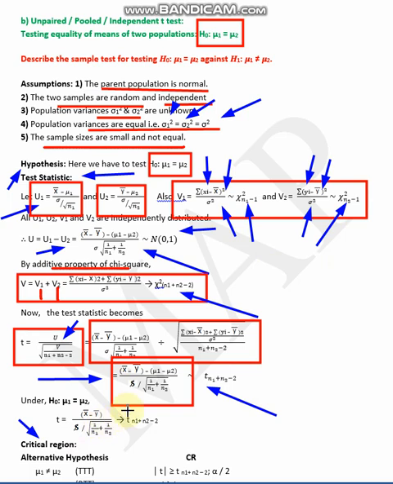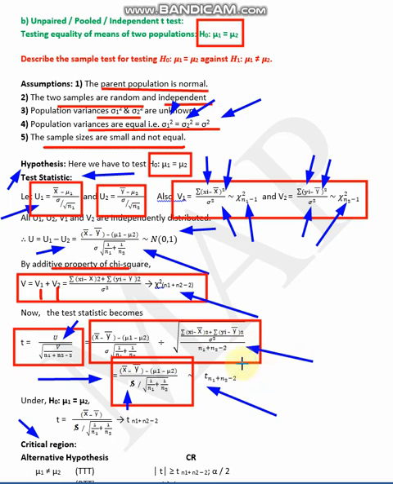And what is my s in this case? s is nothing but the pooled standard deviation, the square root of the sample mean square. So actually this is s square, and how do we get the value of s square? This is summation xi minus x bar square plus summation yi minus y bar square divided by n1 plus n2 minus 2.